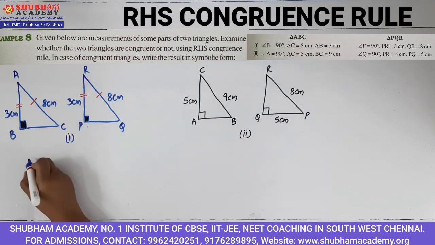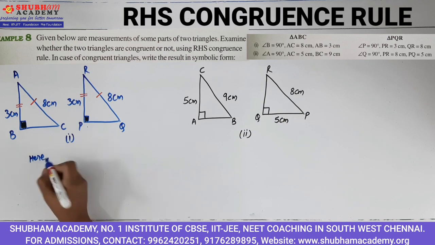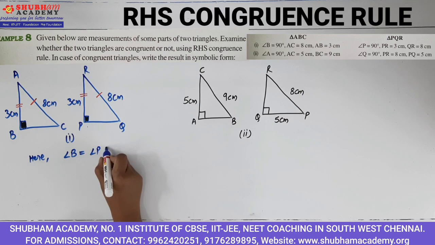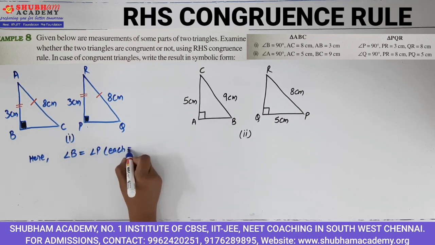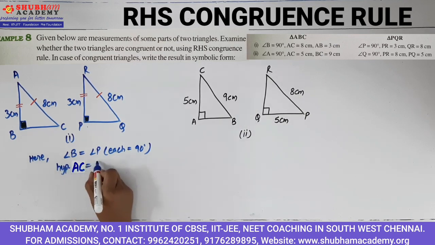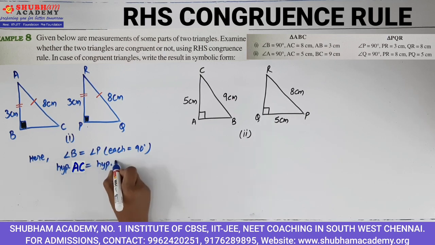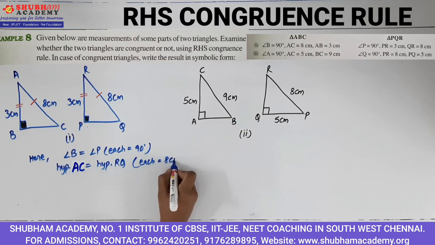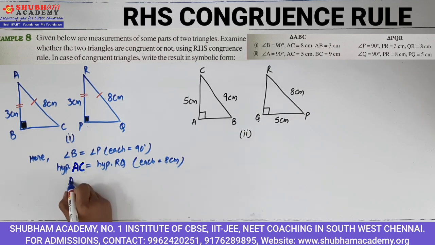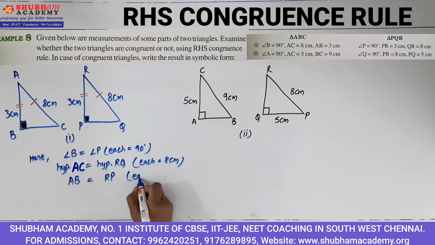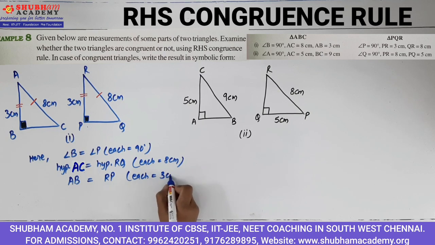So what we can write here, angle B is equal to angle P, each equals 90 degree is given to us. Then hypotenuse AC is equal to hypotenuse RQ, each equals 8 centimeter, and side AB is equal to side RP, each equals 3 centimeter.